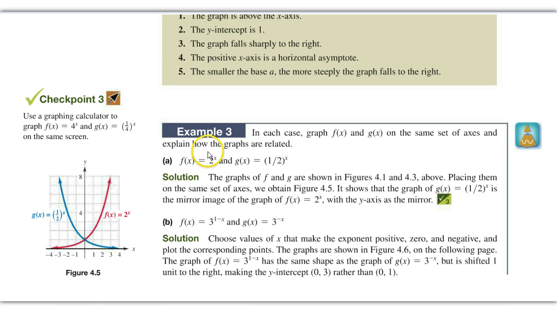Now, example 3, we've done this pretty much. They want us to put both of these on the same graph. So this is showing what is called the mirror or reflected image, one side to the other, with the y-axis being your axis of symmetry.